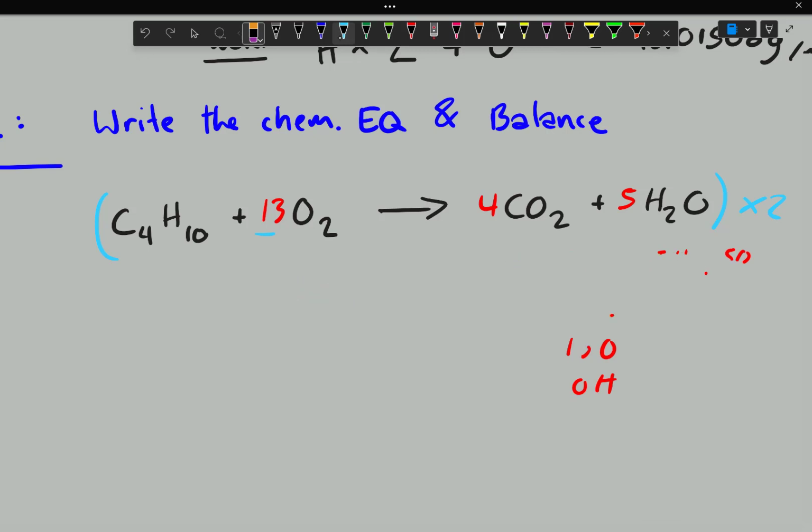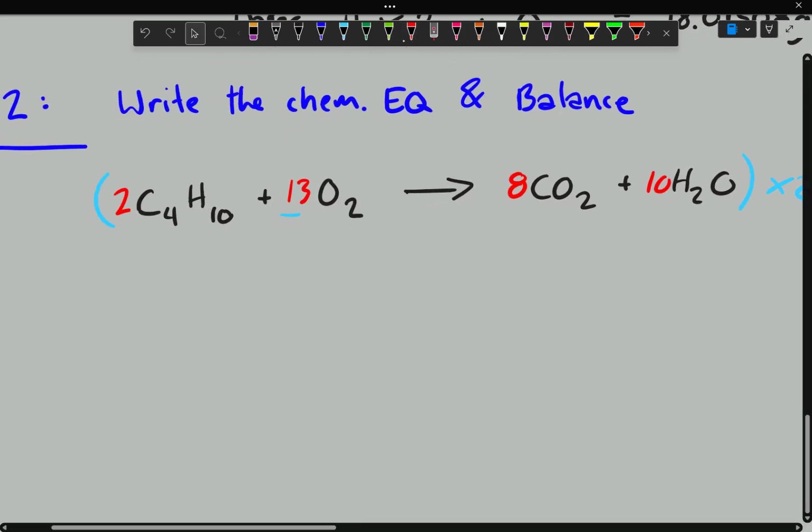And that will give us, just erase all this, 4 times 2, that's going to be 8. 5 times 2, that's going to be 10. And over here on the reactant side, that's going to give us 1 times 2, that's just going to be 2.